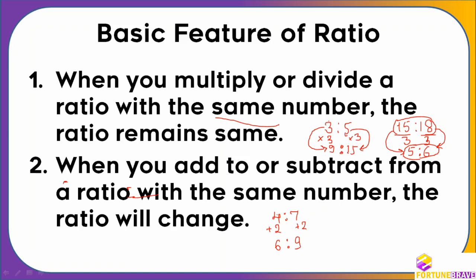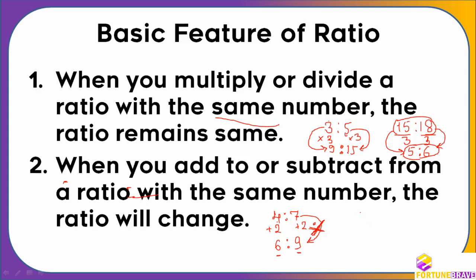Now is the comparison the same? For every 4 there are 7. Whereas when I add 2 to it, for every 6 there are 9, which is not the same as this ratio. These are not the same ratio. The comparison is different here. Are you getting my point?